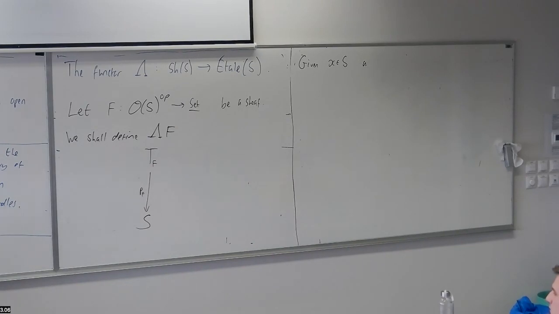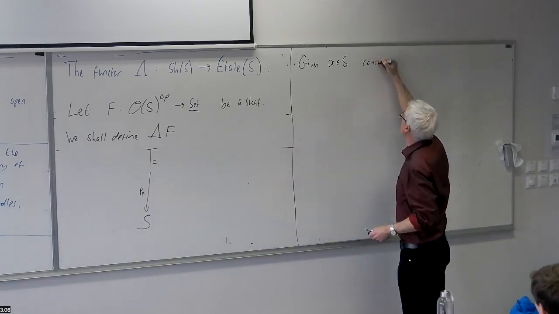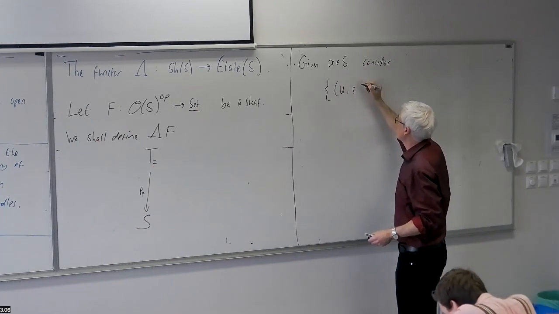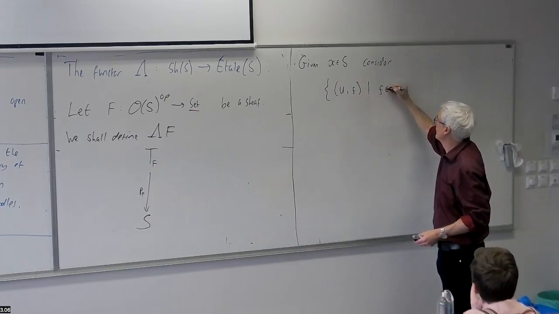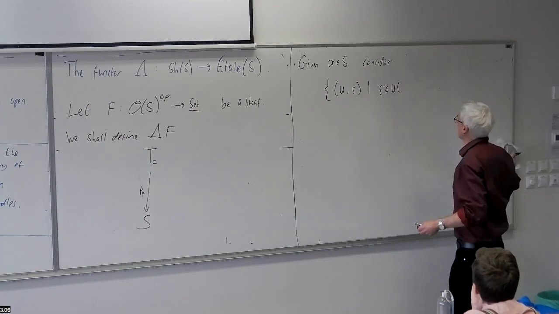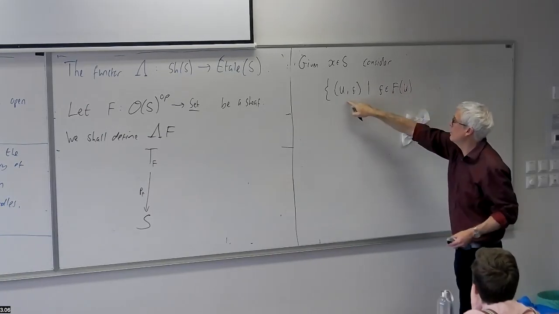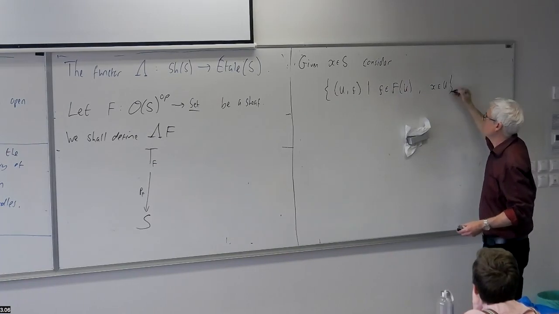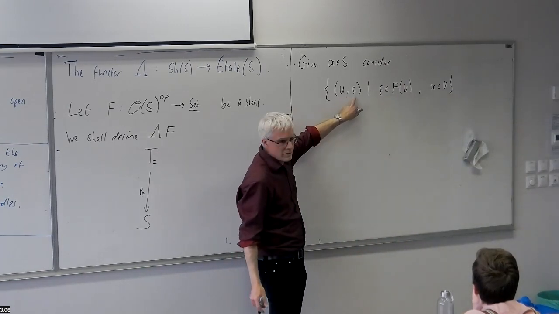So we're going to consider the set of all, even though they're not functions, I'm going to call them F. Sorry, this is all elements of the sheaf F locally defined around X. So for any open neighborhood U of X, we look at elements of the sheaf that are locally defined around X.